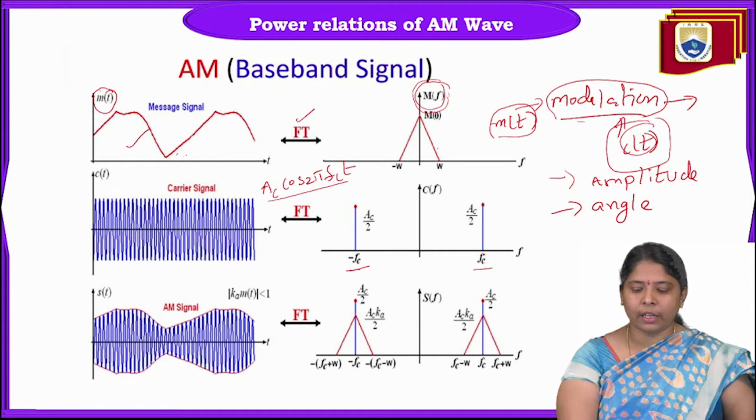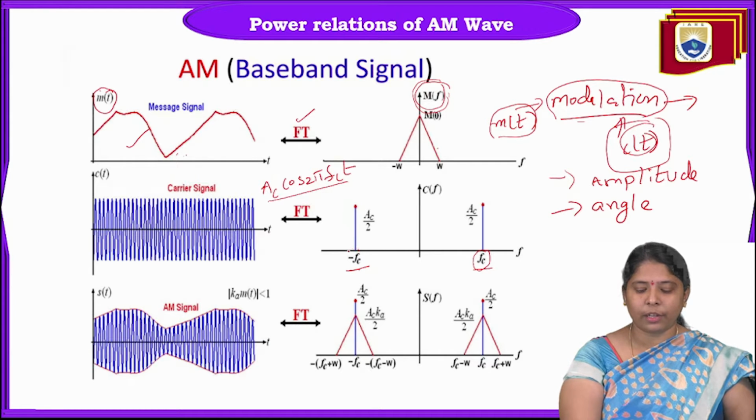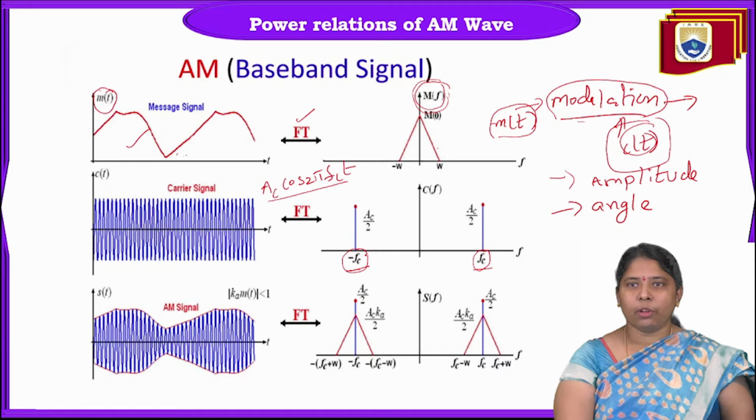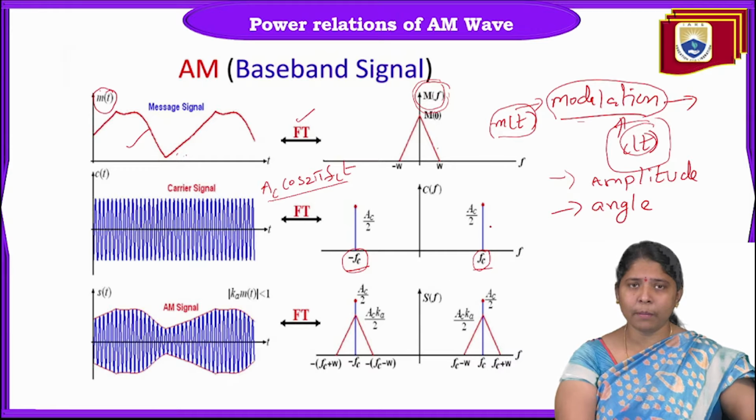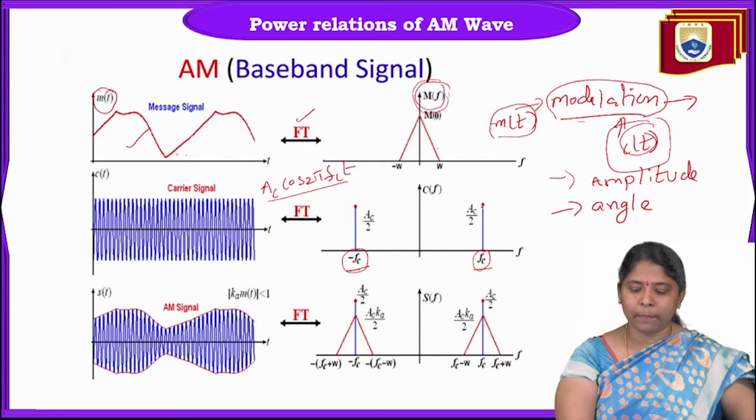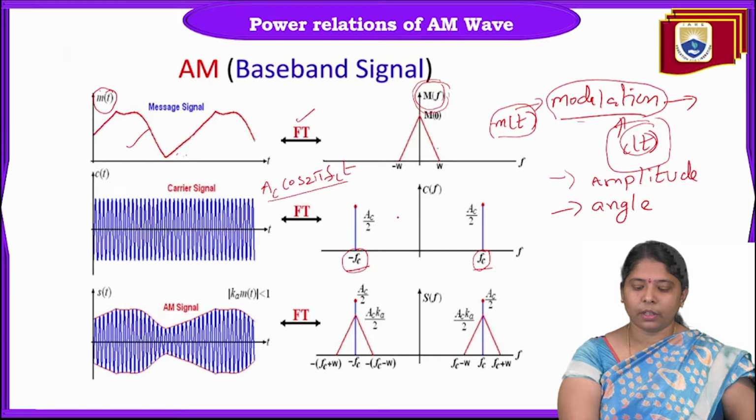Due to symmetry, for each positive frequency there exists a negative frequency minus fc. The magnitude of the impulse is Ac by 2 at the frequency fc. This is the carrier signal in time domain and in frequency domain.